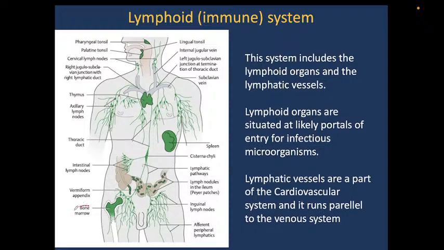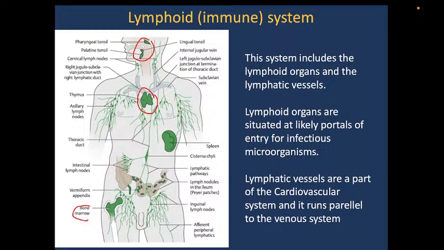This is the bone marrow, and a quite small organ located in the chest is called the thymus. These are the central organs. Other organs are located in the head around the pharynx.